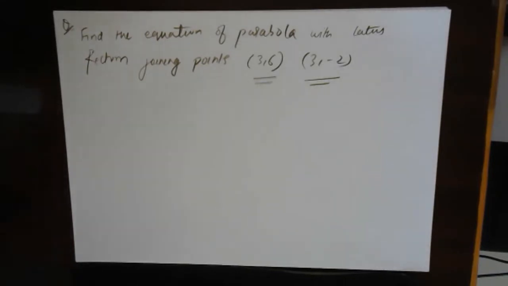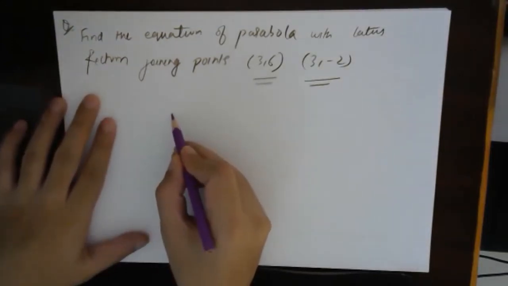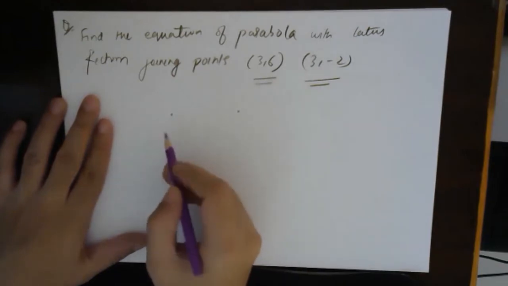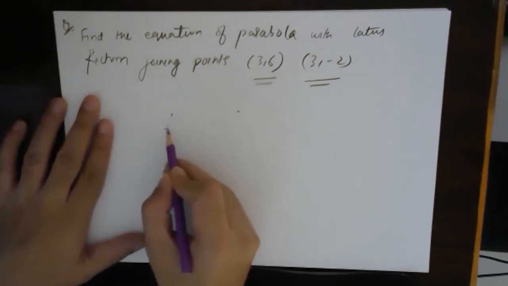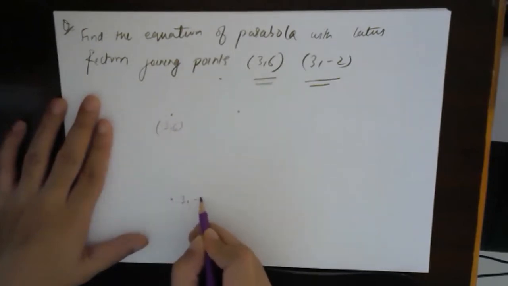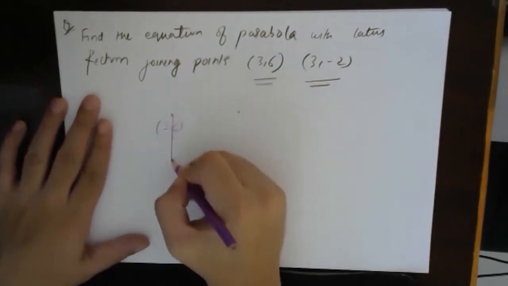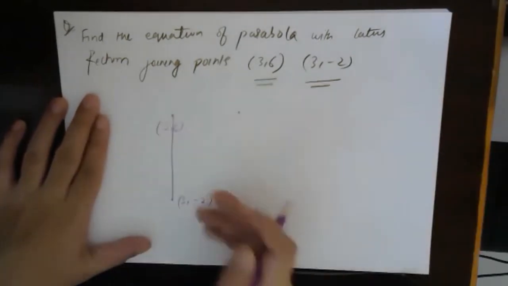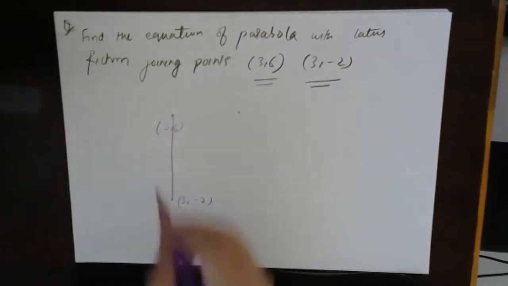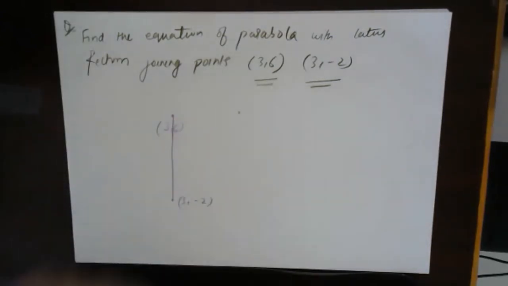Okay, so let's draw the figure first. What we have been given: there are 2 points, (3, 6) and (3, -2). These 2 points lie on a straight line perpendicular to the x-axis. So this is the point (3, 6) and this is the point (3, -2). They are saying that this is the latus rectum.